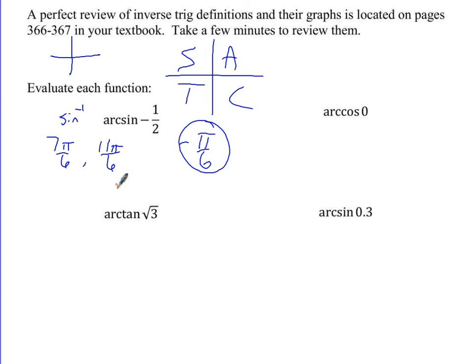Okay, now the other thing that we need to put on here is where our little inverse trig functions exist. As I work my way around a unit circle, this would be pi over 2, and this would be 3 pi over 2, or if I'm going the other way, negative pi over 2. Right? Okay. So we said that sine has to be restricted to negative pi over 2 to pi over 2 in order for us to have an inverse.